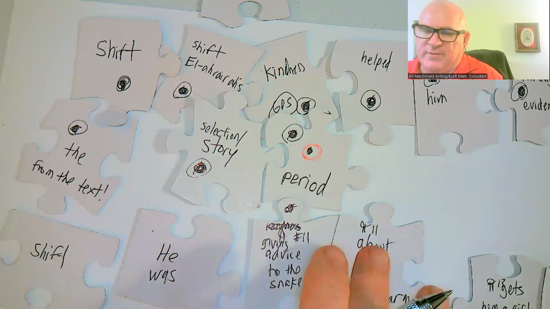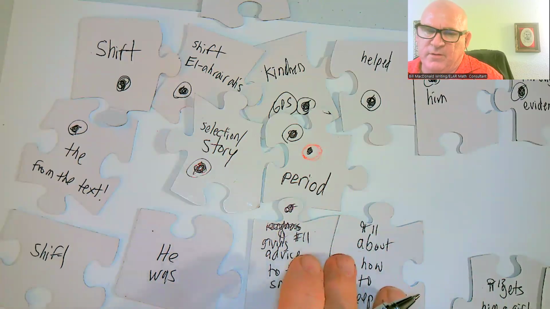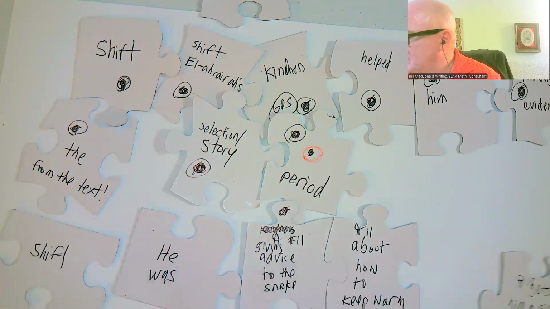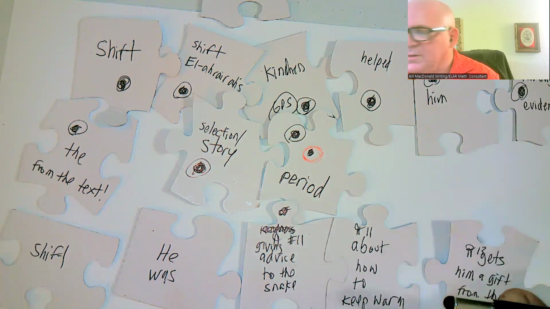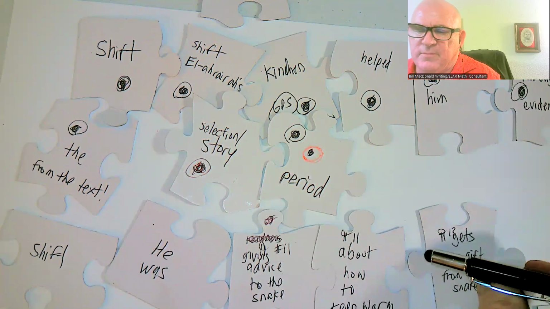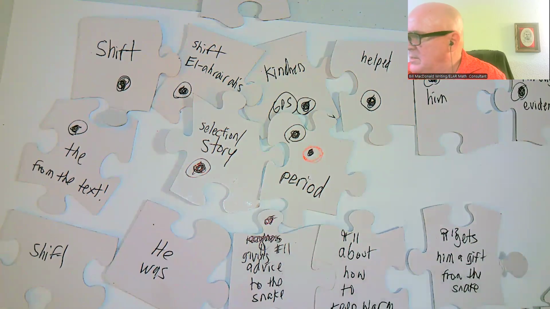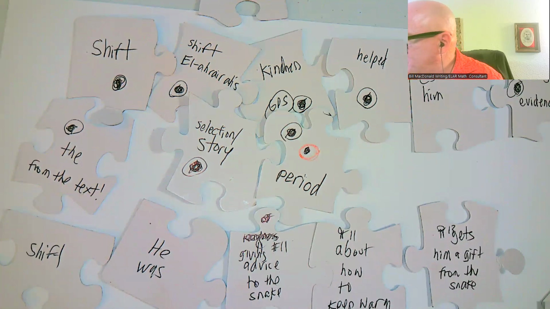I got that from the paragraph. Okay. And so it's picking and choosing the ones that we're going to need, and ends up, so I'm going to be skipping. It ends up getting him a gift from the snake.